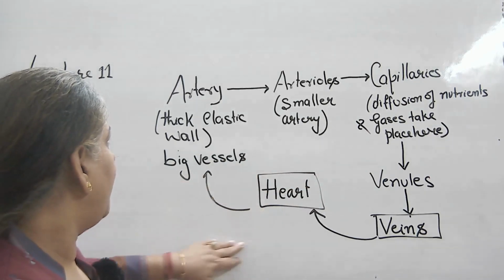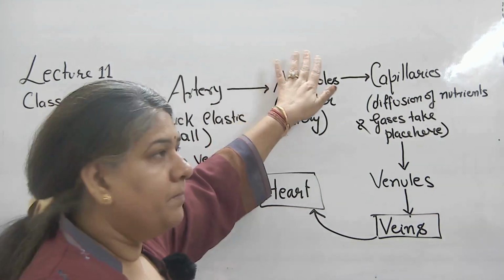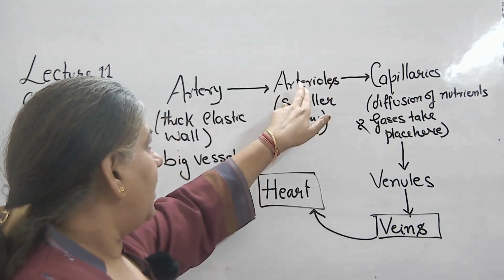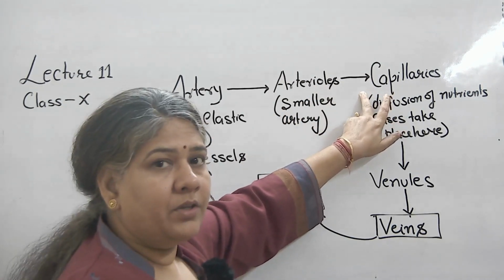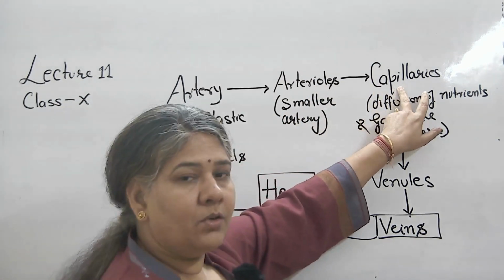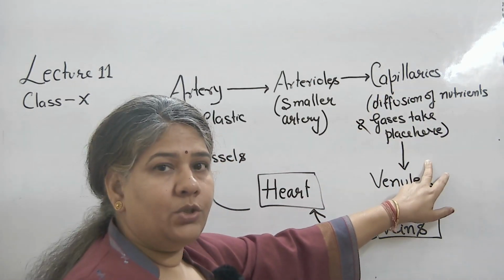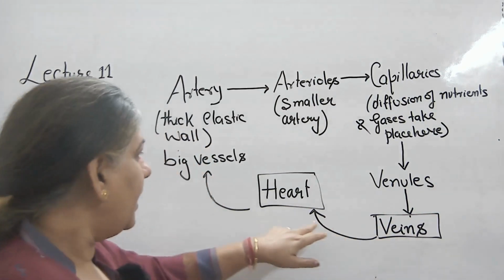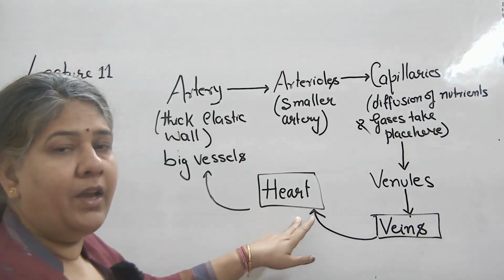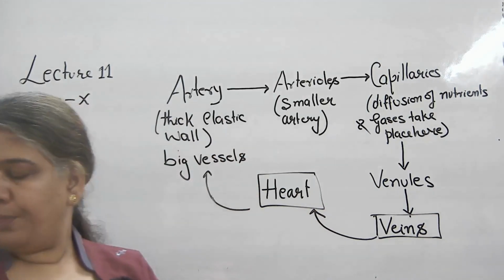That heart will pump blood into the artery, artery will take it to the arterioles, arterioles enter the organs, then inside the organ it branches into fine vessels called the capillaries. These capillaries finally join to form venules, venules join to form veins, and then again the veins will carry blood to the heart.